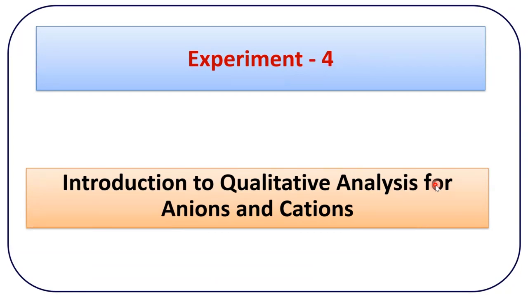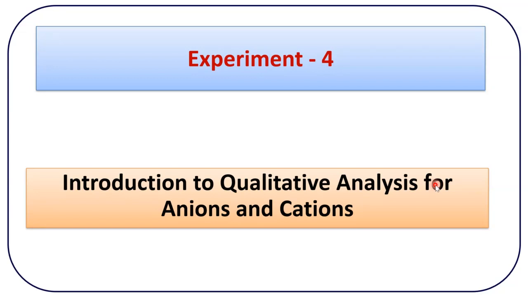Qualitative analysis is just to know the type of the salt you have, the constituents of the salt, without knowing its concentration, without knowing its amount. While in the quantitative one, you have to determine how many moles, how many grams, the concentration, and so on.